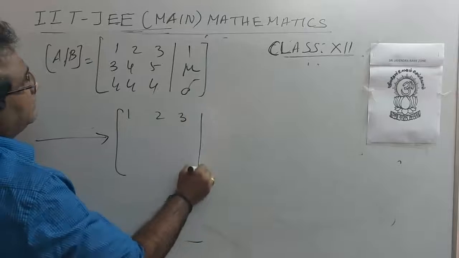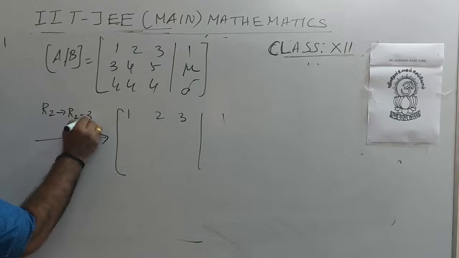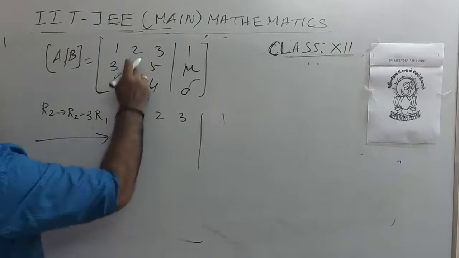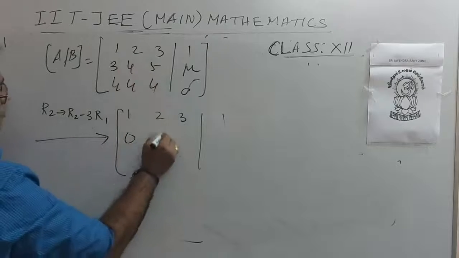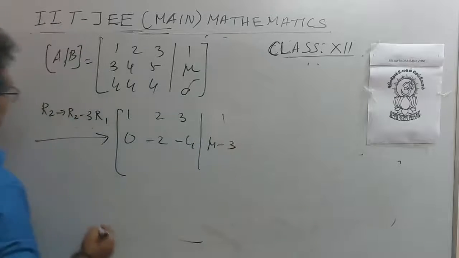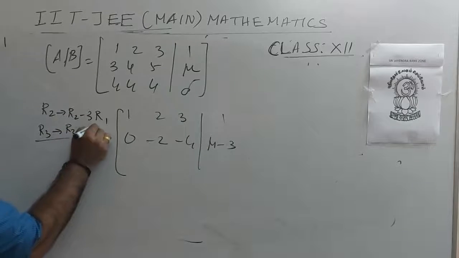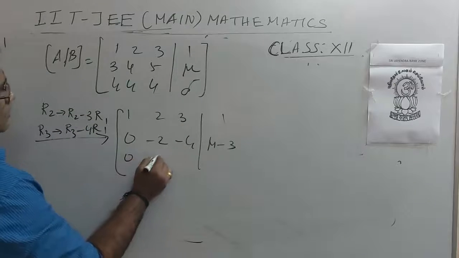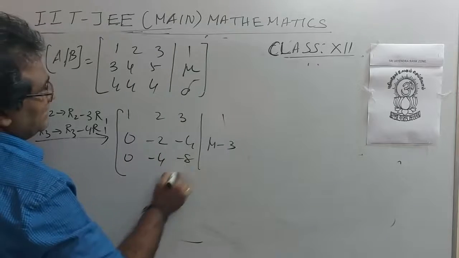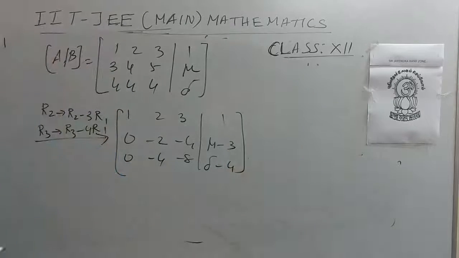R2 implies R2 minus 3R1. Multiply the first row by 3 and subtract from the second row. 3 minus 3, 0. 4 minus 6, minus 2. 5 minus 9, that is minus 4. Mu minus 3. Then R3 implies R3 minus 4R1. Here 0, minus 4, minus 8, delta minus 4.